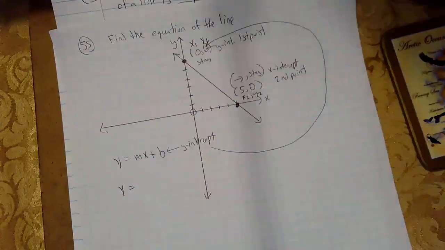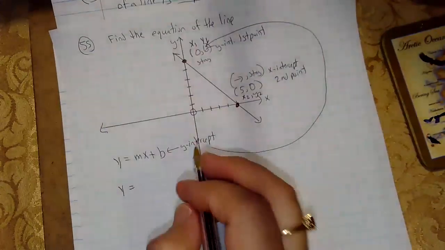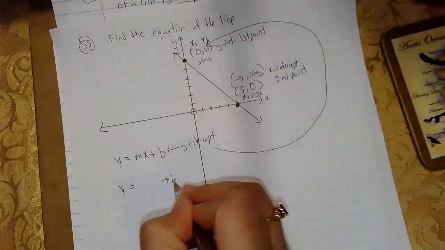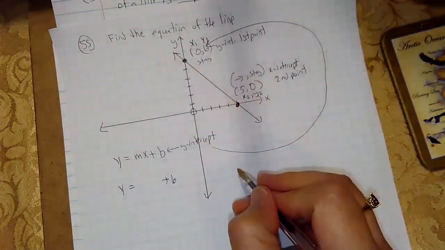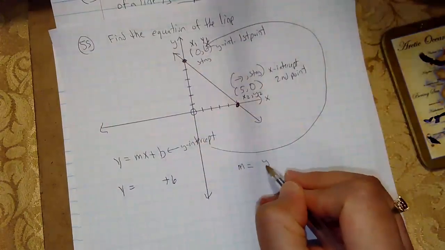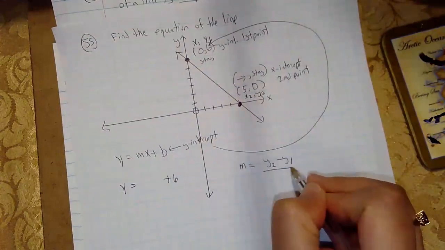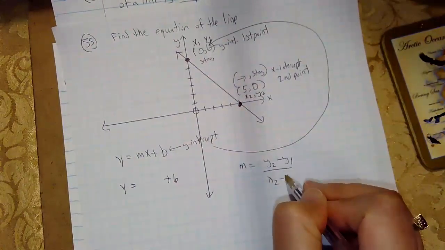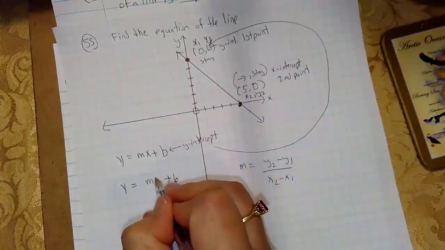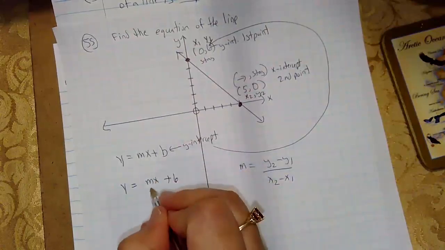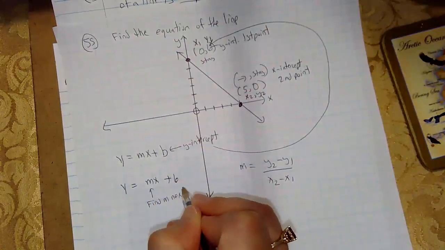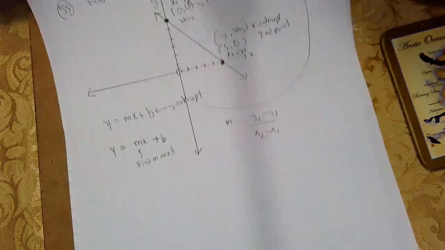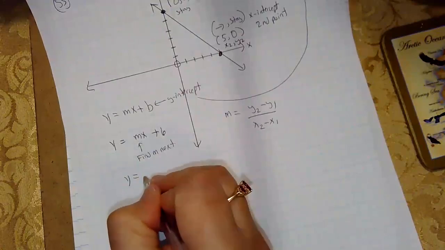So just a coincidence. Positive 6, not negative 6, but positive 6. And then the m, y2 minus y1 over x2 minus x1. So this is mx. So now we need to find m next. And when we do, we're going to put it here.